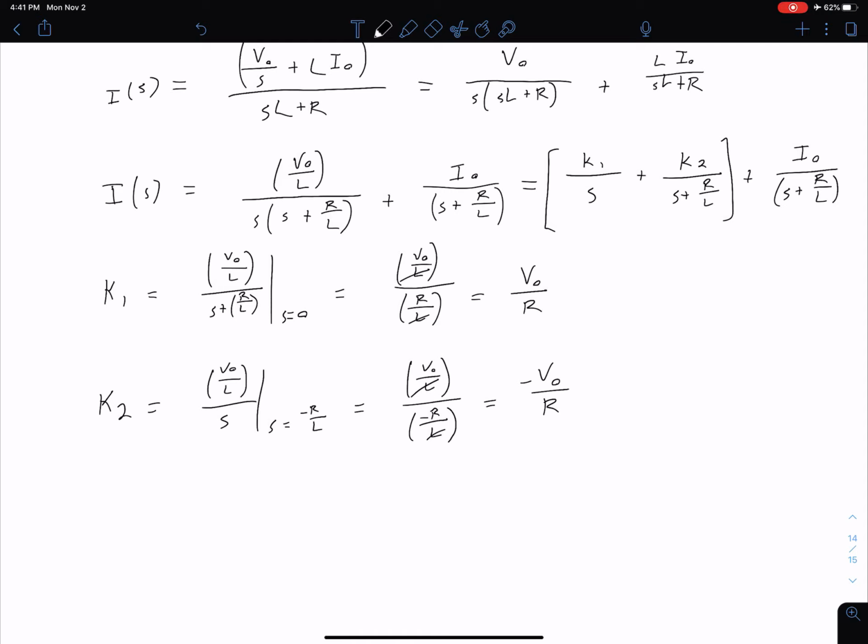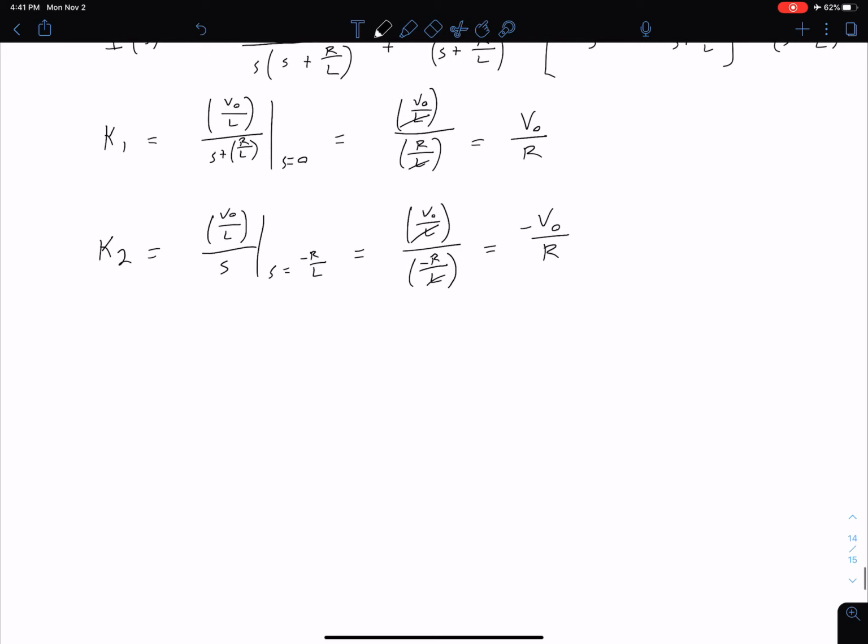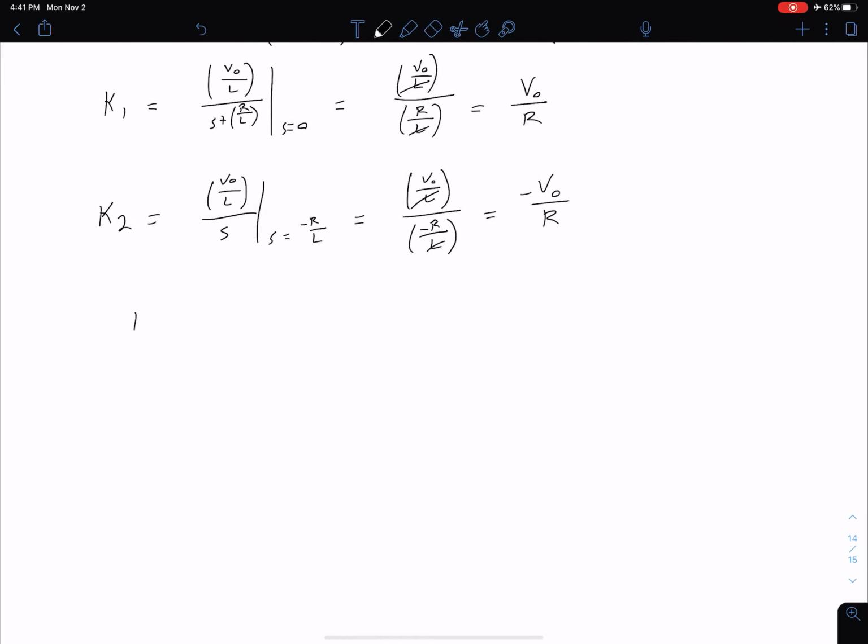Okay, so now knowing these values, we can come back to this expression here, and we can take the inverse Laplace transform using our known tables. Well, actually, let me first write this out explicitly just so we can easily see it.